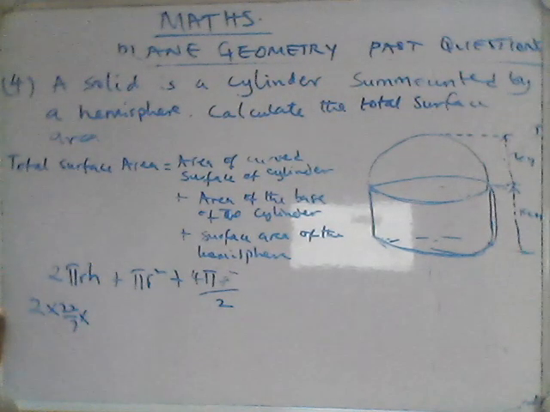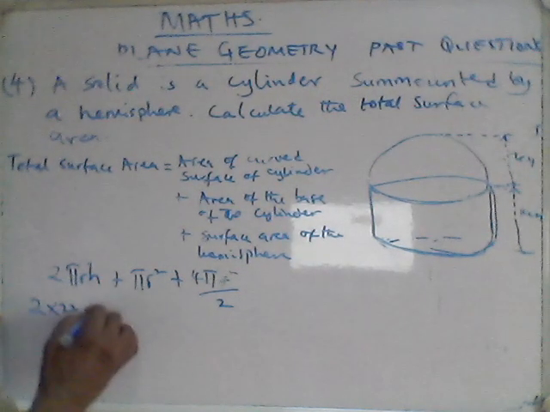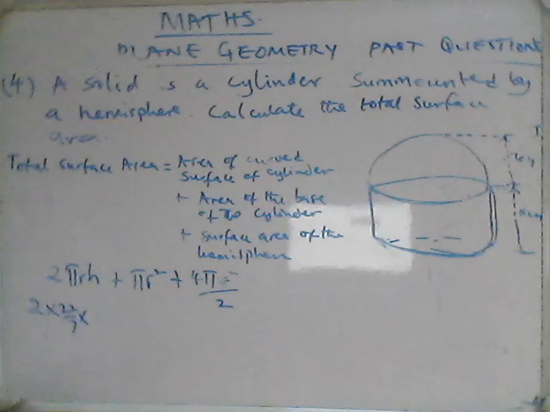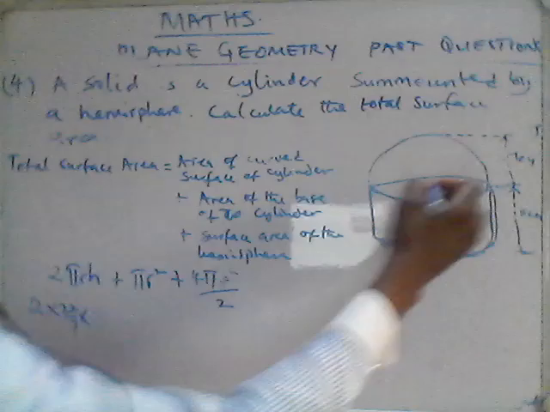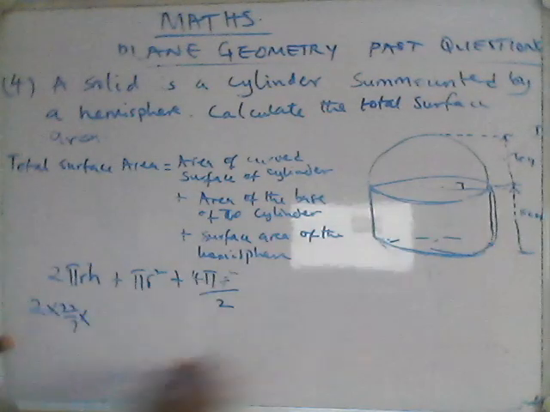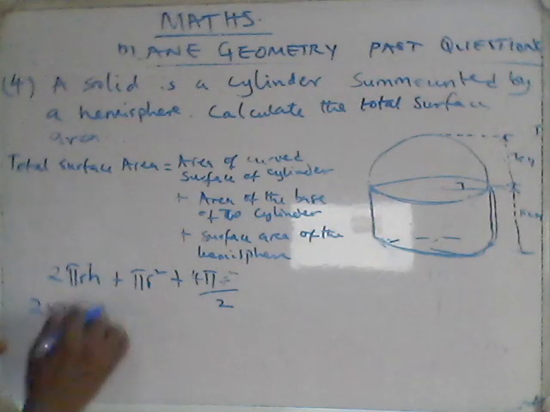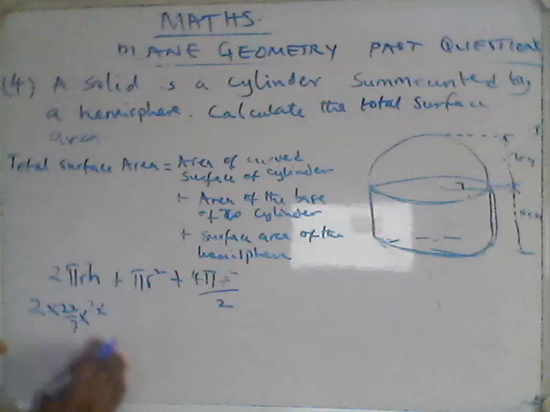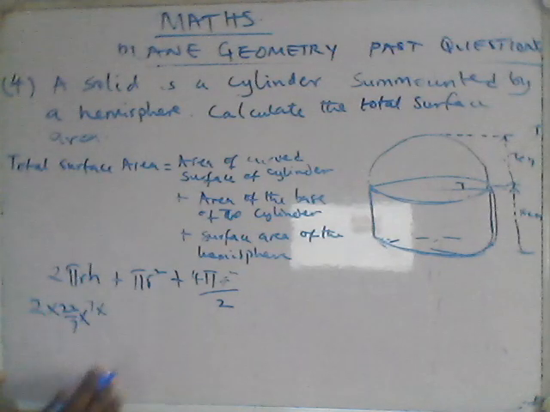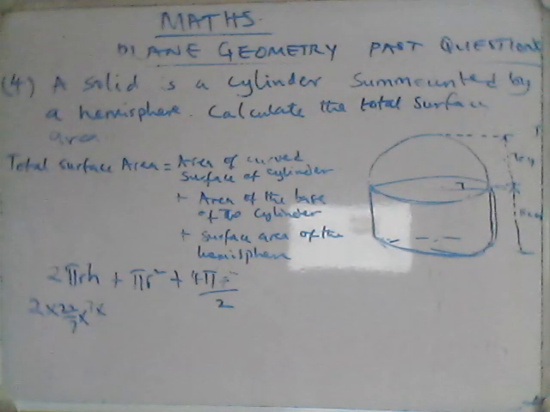Is it in the question? Hold up, it's not specified in the question. Let me see. Okay, we're supposed to have this as 7. So times 7, times height, for the first one is 10.